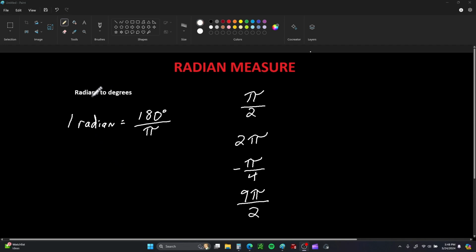Let's try a few examples where we're converting from radians back to degrees. So here we have the conversion rate from radians back to degrees. 1 radian equals 180 degrees over pi. First, I'll do these 4, and then I'll list another 4 and allow you to pause the video, try them on your own, and then check your answers against what I have on the screen.